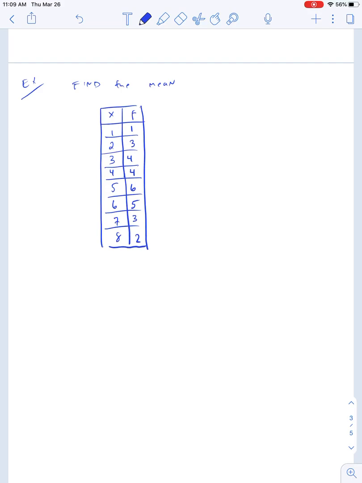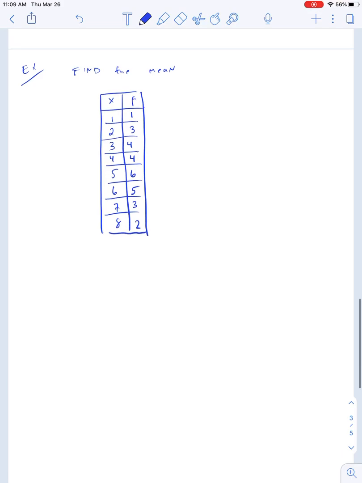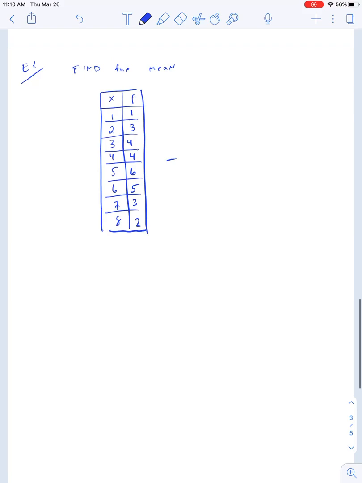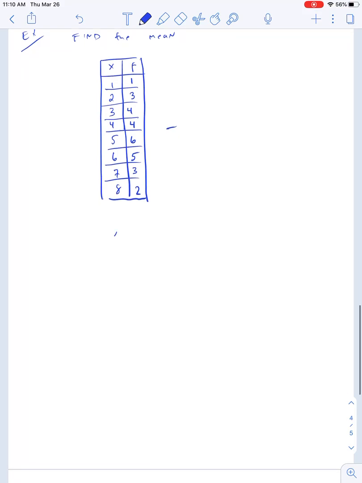So we're asked to find the mean here. What I suggest you do is to create a new column where we multiply these numbers. So what we can do is add a column. We have x, f, and then we're going to do x times f.